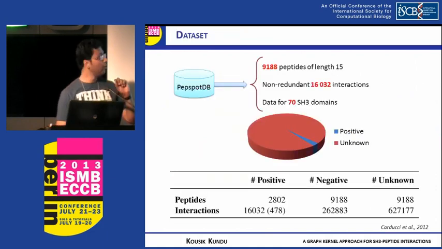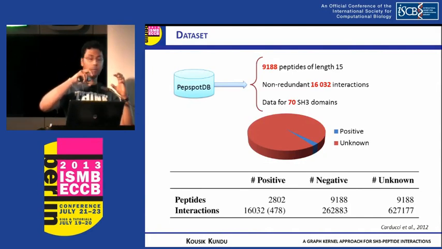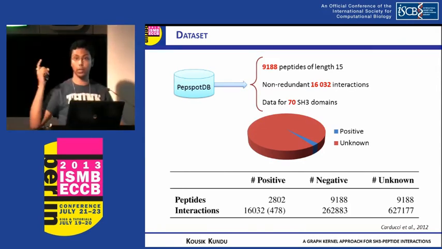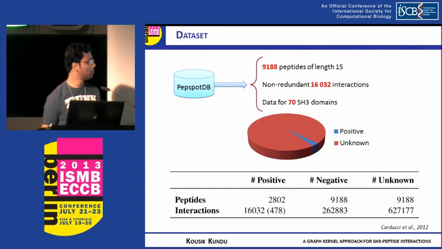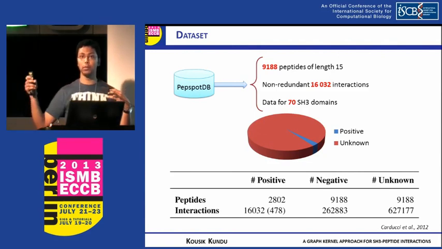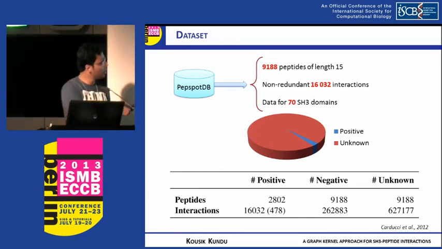So in a ChIP experiment, if you have 70 SH3 domains and you have 9,000 peptides, the possible interactions would be more than 650,000 peptide interactions. But one should not assume that the interactions that did not show up in the experiment as positive interactions are negative interactions, because this data is affected by lots of false negatives.